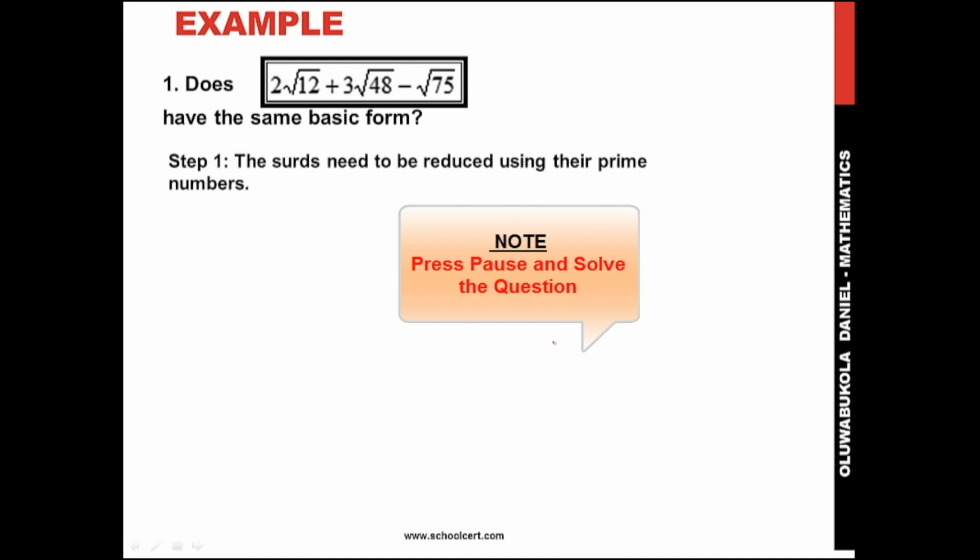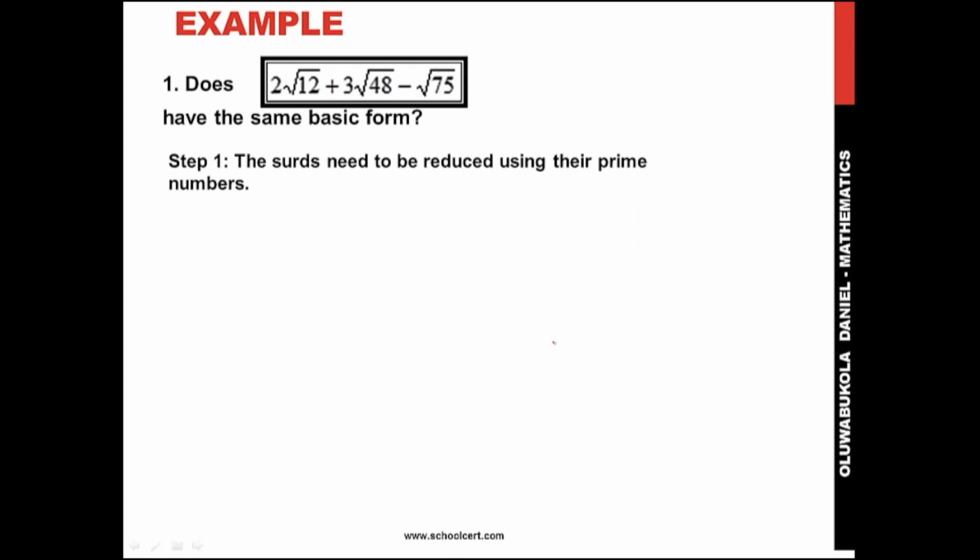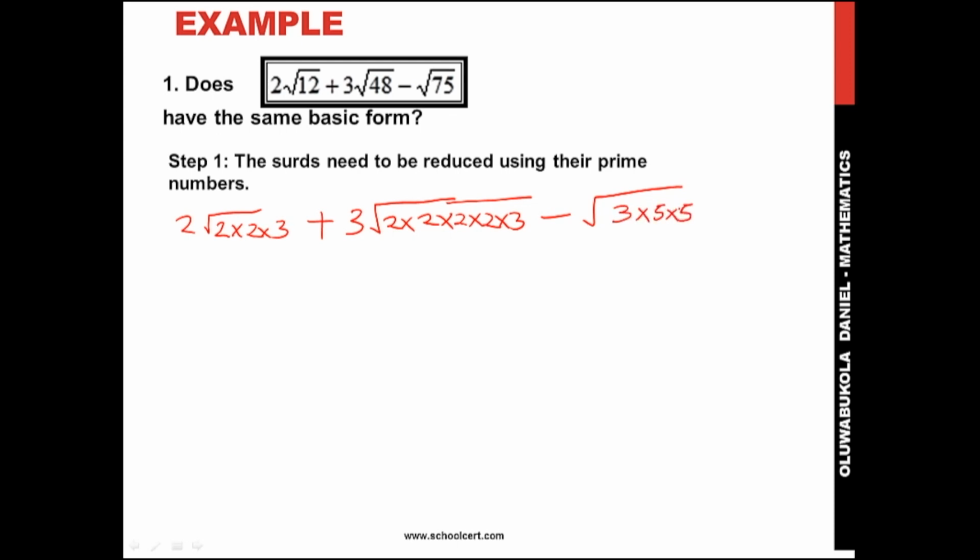Okay. So the first step you need to do at this time is to find the prime factors of each of the numbers in the root. So we will go ahead to solve this. You have 2 root 12. The prime factors of 12, you can break down into 2 times 2 times 3, plus 3 root of 2 times 2 times 2 times 2 times 3, and then minus root of 3 times 5 times 5.